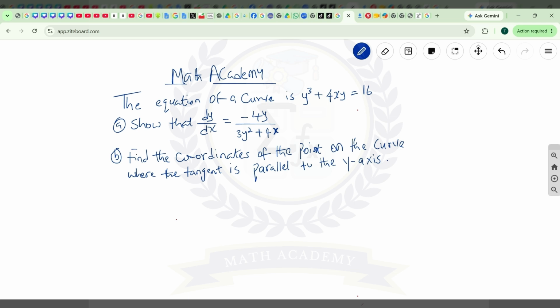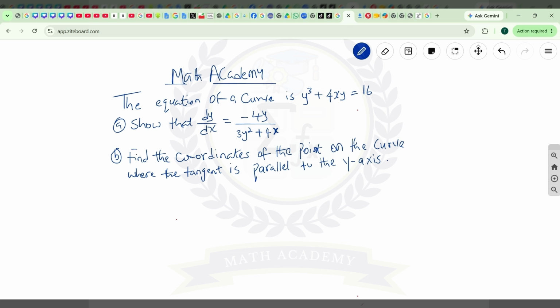And one thing we need to do, first of all, to solve part A of this question is just to differentiate the equation of the curve. If we differentiate it, we'll have dy/dx equal to minus 4y divided by 3y squared plus 4x.